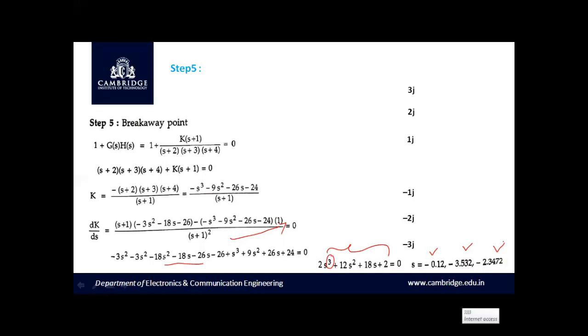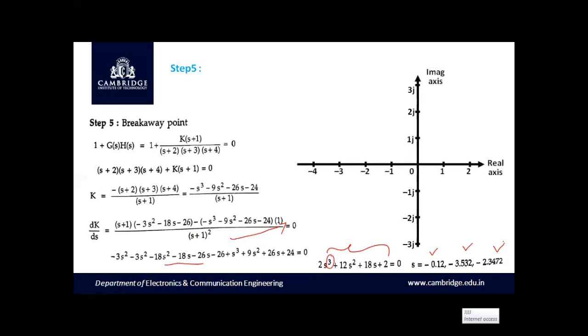Now, out of these 3 breakaway points, which one is going to be valid? Let us check for it. These are the locations of the poles and the zeros and the existence of root locus, as well as the centroid and the asymptotes at 90 degree as well as at 270 degree.